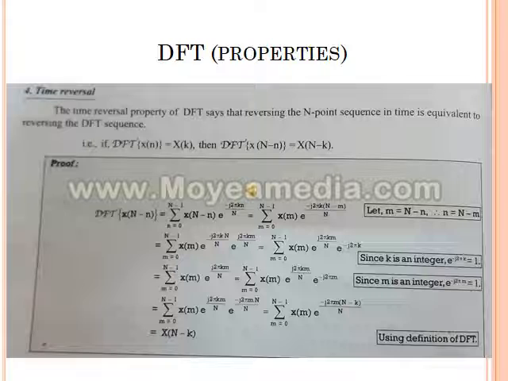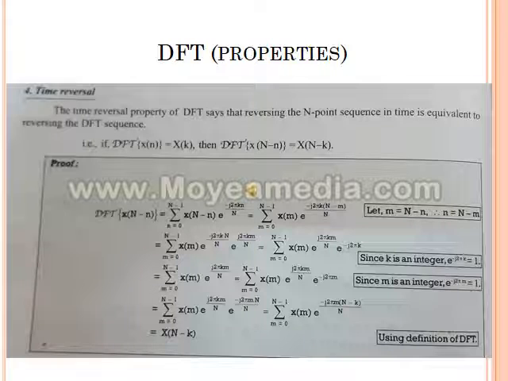What we get then is summation m equal to 0 to capital N minus 1 x of m e raised to the power minus j 2 pi k capital N by N, into e raised to the power j 2 pi km by N.